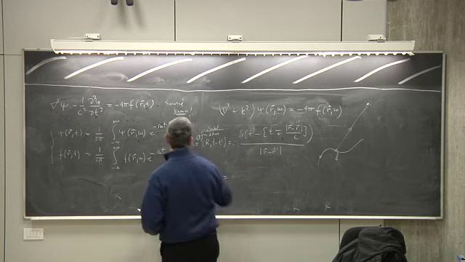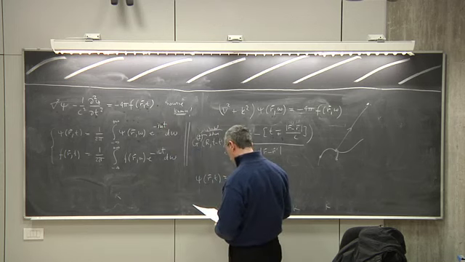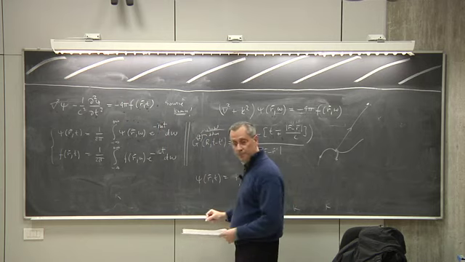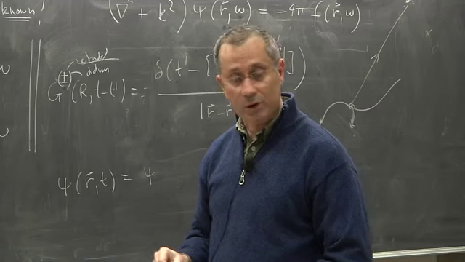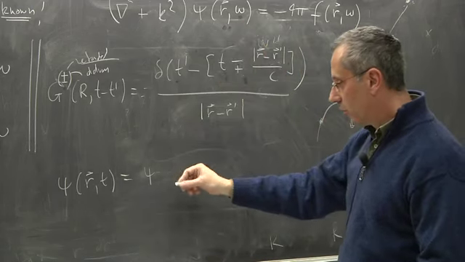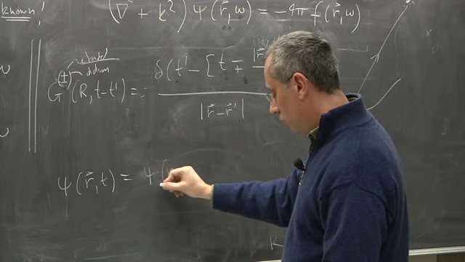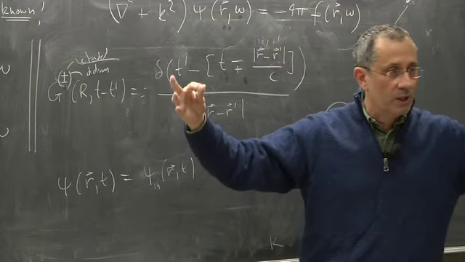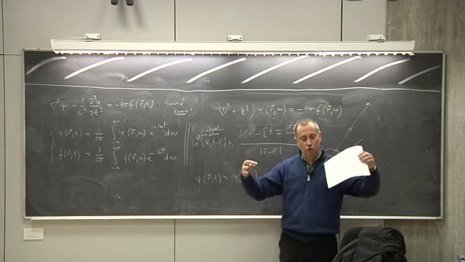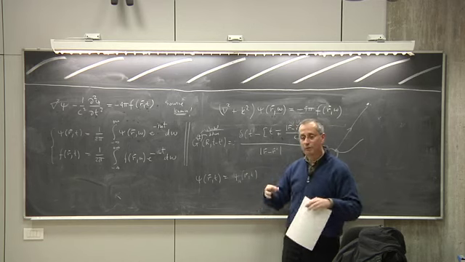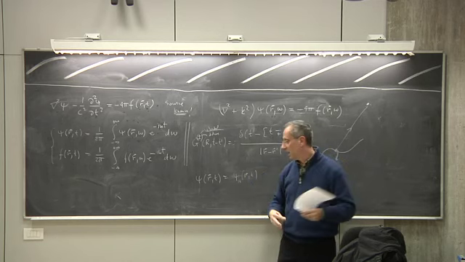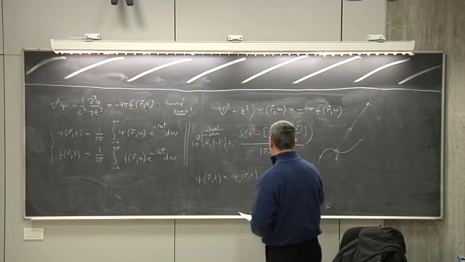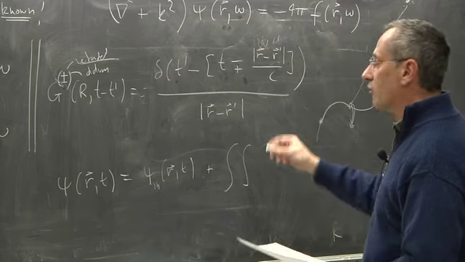But anyway, the general solution is going to be any solution of the homogeneous equation, which I call psi in, because I'm assuming it is some incoming solution. But again, because of this time invariance, it would be okay also to put an outgoing solution, plus the integral over space and time of your Green function.